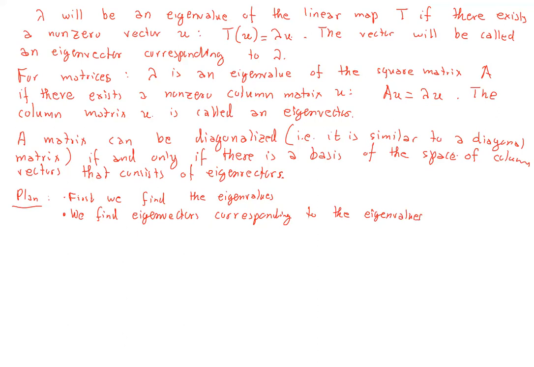Actually, that's kind of fun because we said that an eigenvalue is defined by the fact that you can find a non-zero column vector U so that AU is equal to lambda U, right?